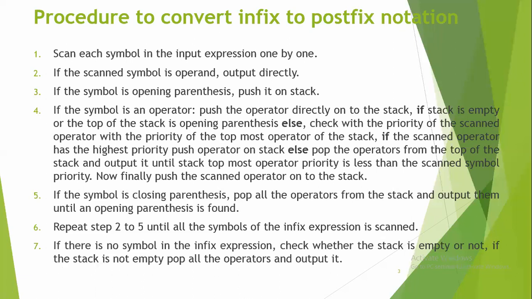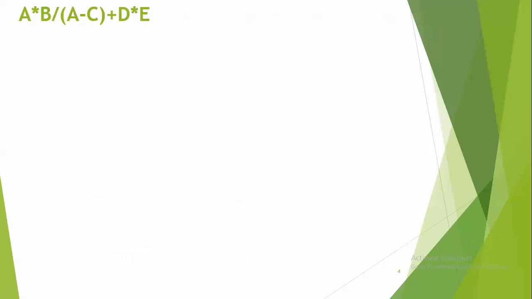This is the procedure you have to follow to convert a given infix expression to a postfix expression. Let us understand this procedure with an example. Here I've considered the infix expression A * B / (A - C) + D * E. This is the given infix expression, and we have to convert it to a postfix expression.